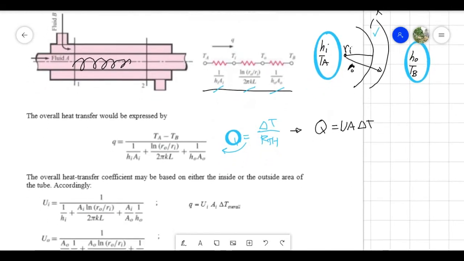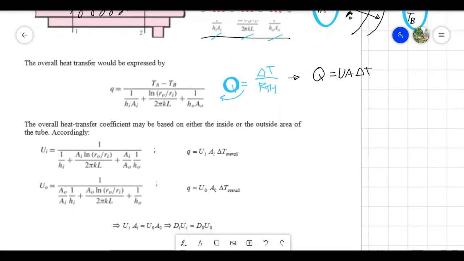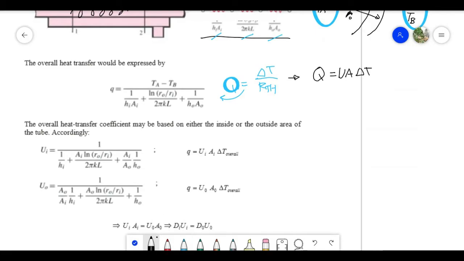So, nakikita natin dito na ang ating Q for it is base. Ang Q natin is pwedeng mag-base either inside or outside area of the tube. So, makikita natin dito yung UI saka UO. Pagdating sa cylinder, it depends kung anong tinatanong.